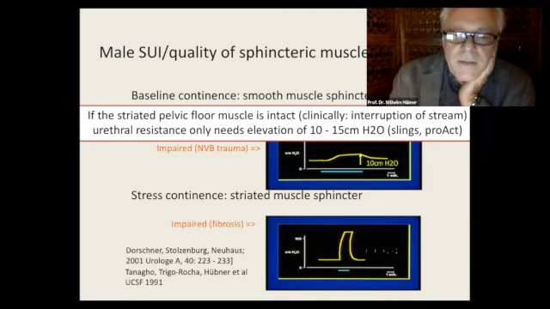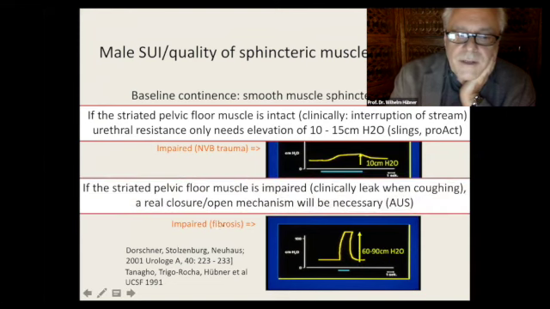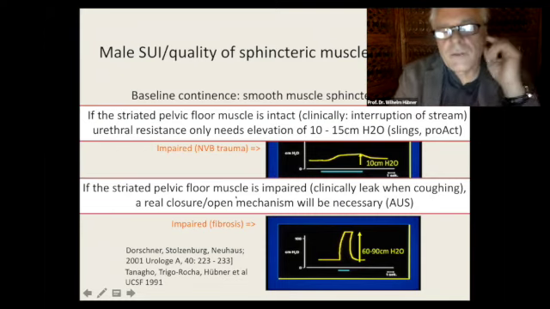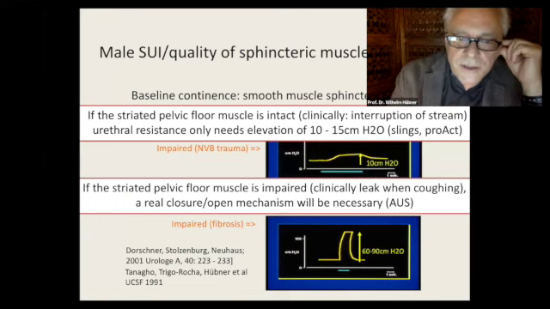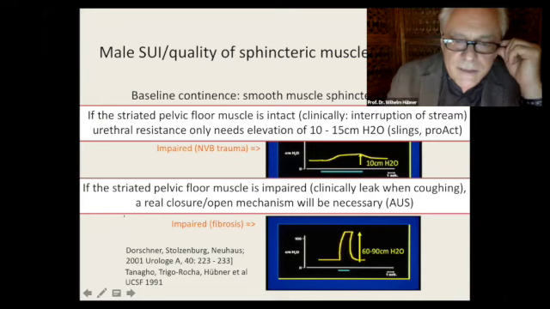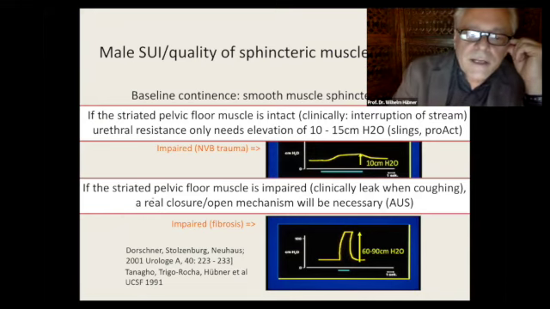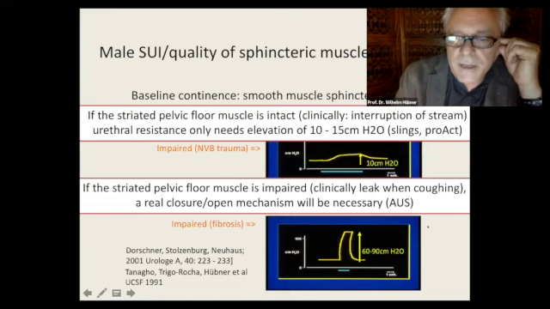If you have a fibrotic sphincter, that means that there is no contraction, not even with a striated muscle, a real fibrosis, you will need more than only the 10 centimeters of water. That means you need the closure pressure of a hydraulic sphincter, which is usually between 70 to 90 centimeters of water. And you will need this real closure, but also, of course, the open mechanism. That means you need an AUS.